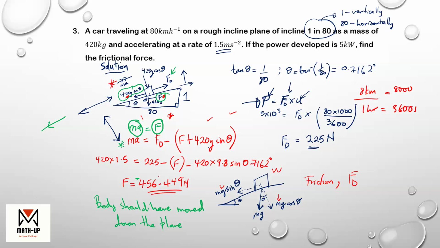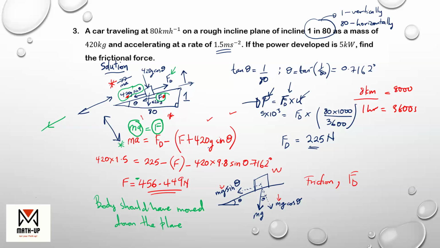The mere fact that we stated MA equals FD minus, in brackets, F plus 420 G sine theta. As I have to say, do we add the negative on the final answer? Yes, we do, because friction is a force and it's a vector quantity, and its direction has to be catered for.